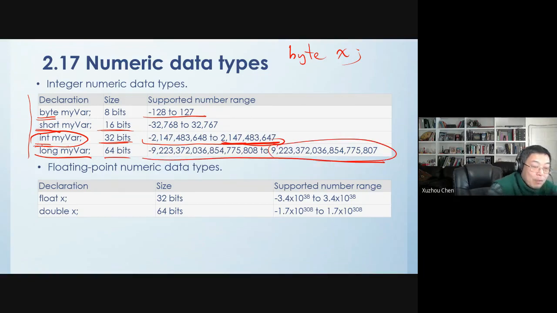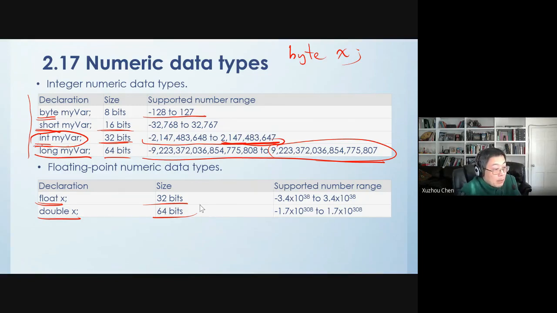That's a huge number. I think it can handle most applications. But if you want a number larger than this, then you get overflow. Same thing for floating point. You have float and you have double. Float uses 32 bits, double uses 64 bits. Okay, so that's basically it.